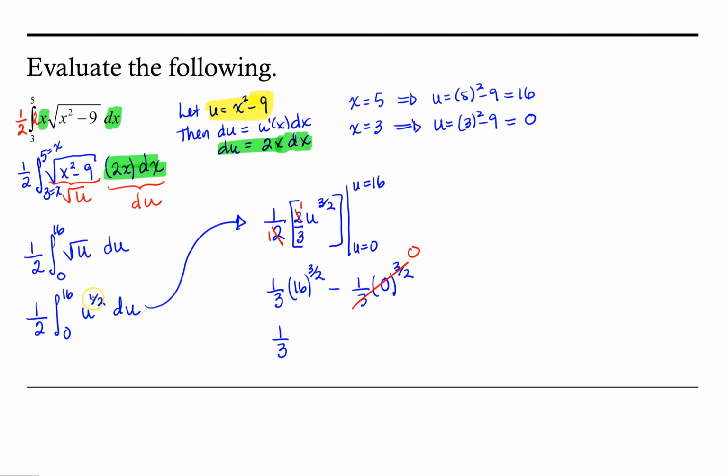So 16 to the 3/2 power, recall, is the same as saying, let's take the square root of 16 and cube it. Square root of 16 is 4. And 4 cubed is 64. So the value of this integral is 64/3. I hope you find this helpful.